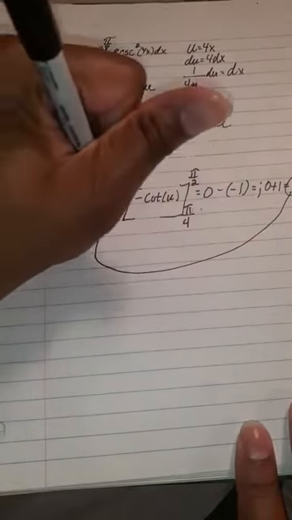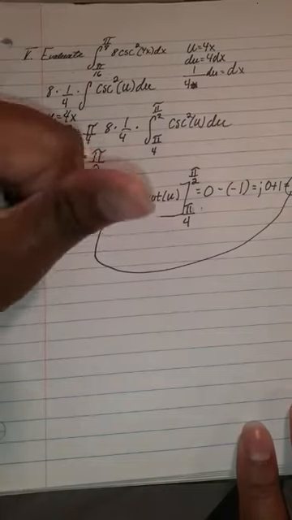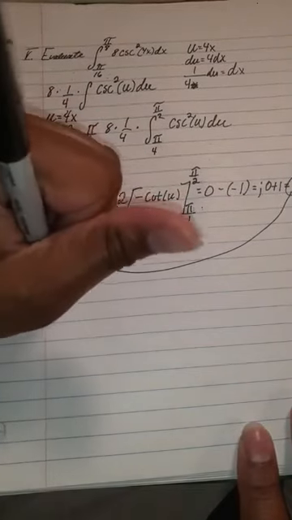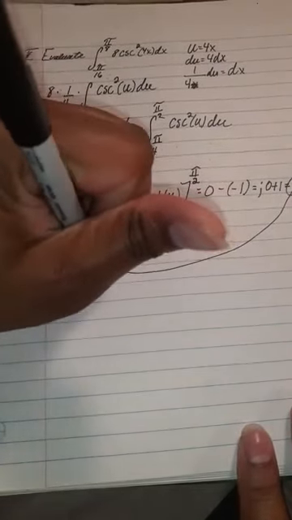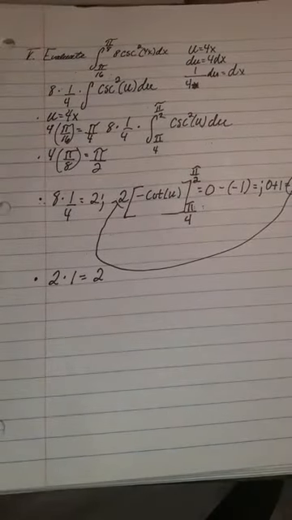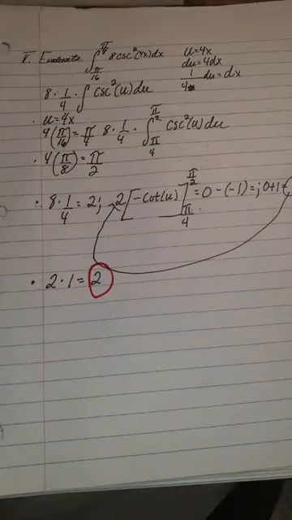That's basically 0 plus 1, which is just 1. Then you take the 2 and multiply: 2 times 1, which is obviously 2. That's pretty much the gist of it.